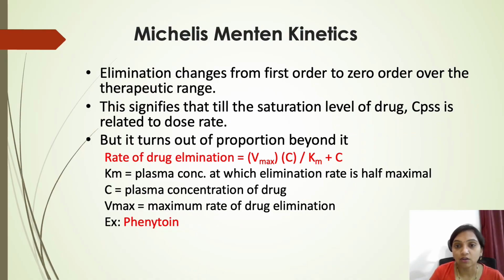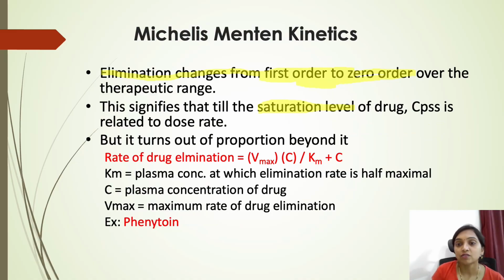This is also one of the important things, Michaelis-Menten kinetics. Here the elimination process kinetics will change from first to zero order. This is mainly because the elimination process gets saturated at one level, because the enzymes get exhausted or something like that.